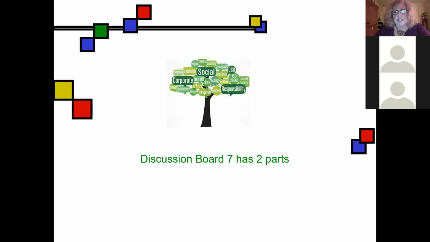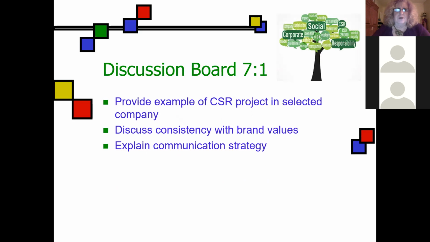Okay, so for Module 7, the discussion board has 2 parts. Part 1 is you're going to hopefully be able to use your selected company and find an example of a CSR project.